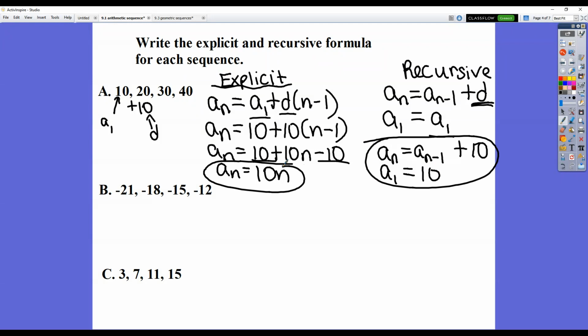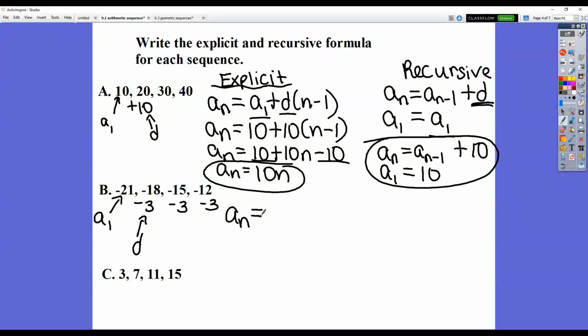All right. Next one, we have negative 21, negative 18, negative 15, and negative 12. Okay, A sub 1 is negative 21. What's the pattern? This time, we're subtracting 3. So that is what D is.